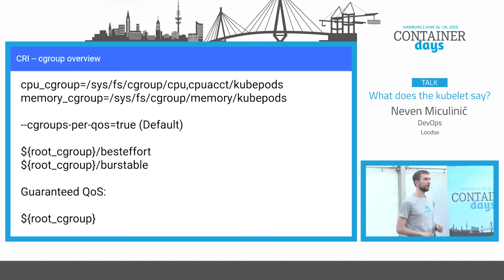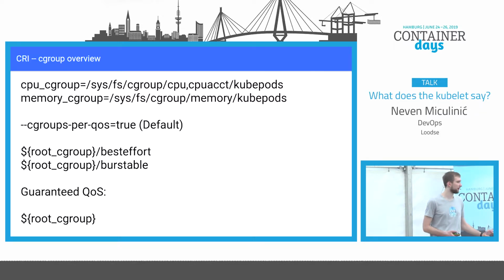Now, we're going to talk a bit more about how kubelet and CRI do resource management, and they are using a tool called cgroups version 1. Today, there exists cgroups version 2, but for some technical reasons, most runtimes actually use version 1. It includes a bunch of controllers mounted at a special path in the file system.